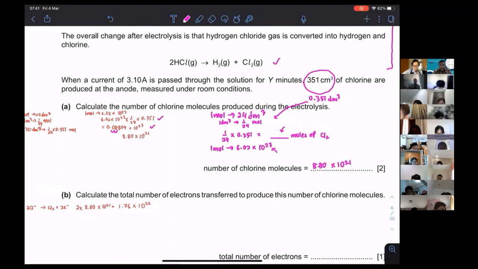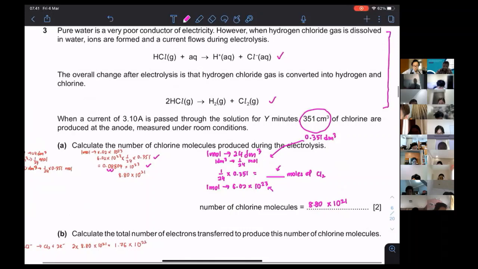Now, after that, calculate the total number of electrons transferred. This is the part that I told you. It is similar to what we have learned in paper 4.1, where they are asking you about the number of electrons. For this, you do not need to worry about these two equations.